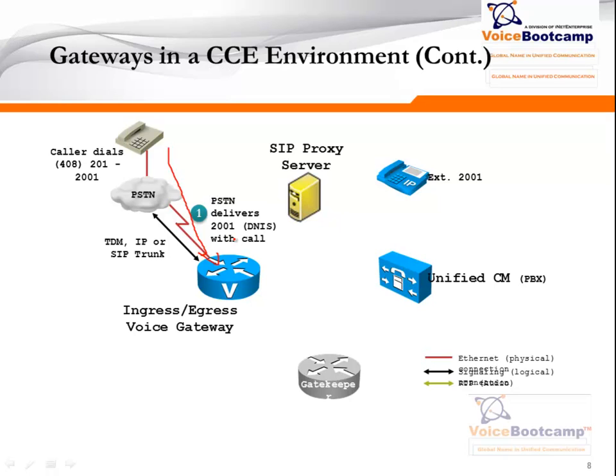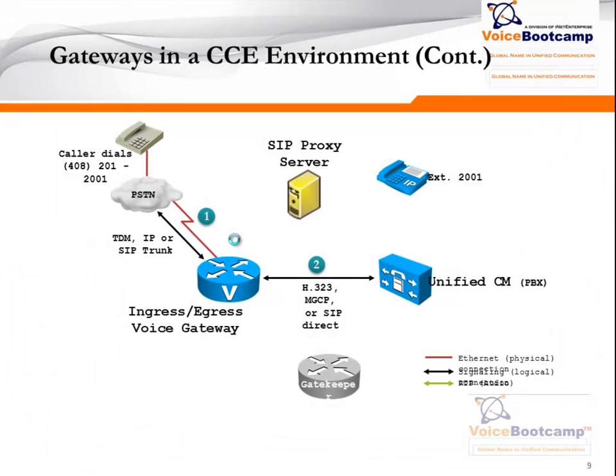Now the gateway has to make a decision about what to do with this call. If it is going to go to call manager directly, the gateway has to choose one of these three protocols: H323, MGCP, or SIP. If you're going to use SIP direct, you can send the calls from a Cisco router directly to the call manager in this scenario.